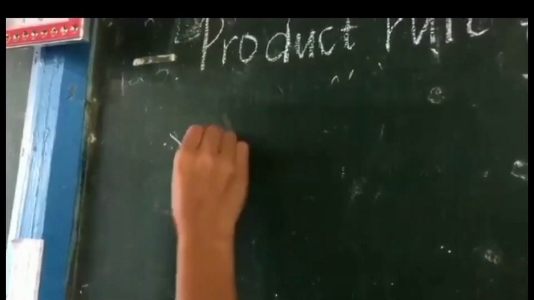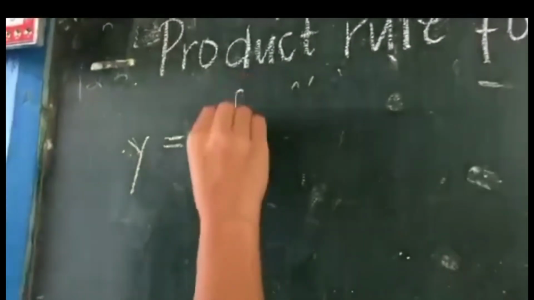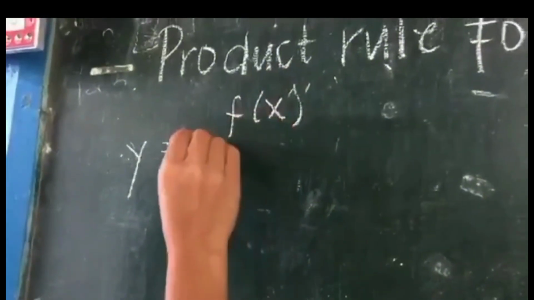Using the formula of the product rule, which is f of x times g prime of x plus g of x times f prime of x.